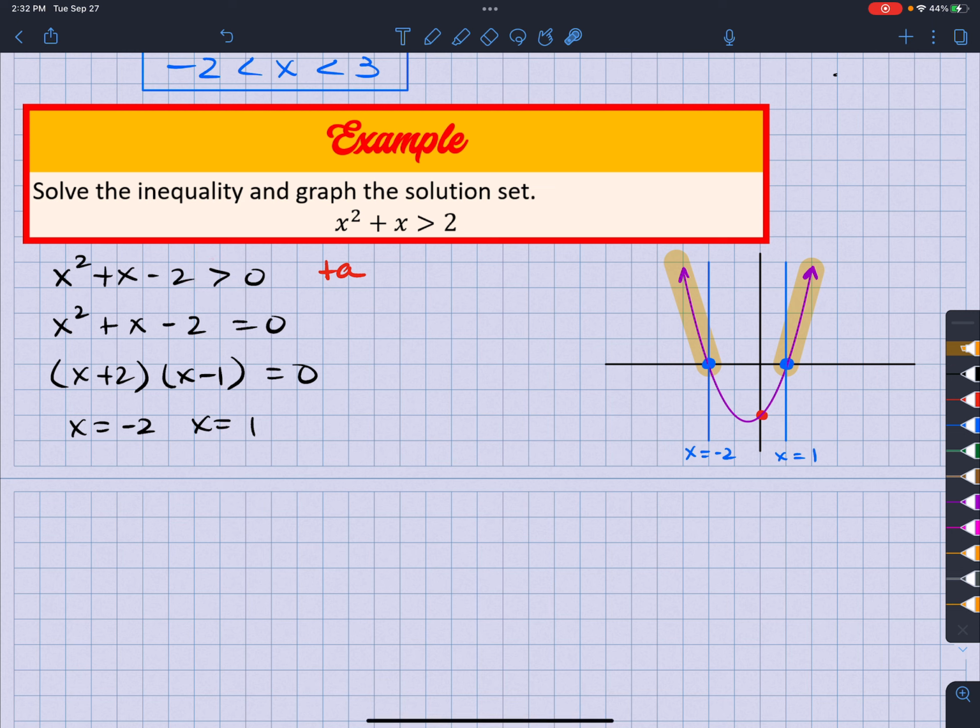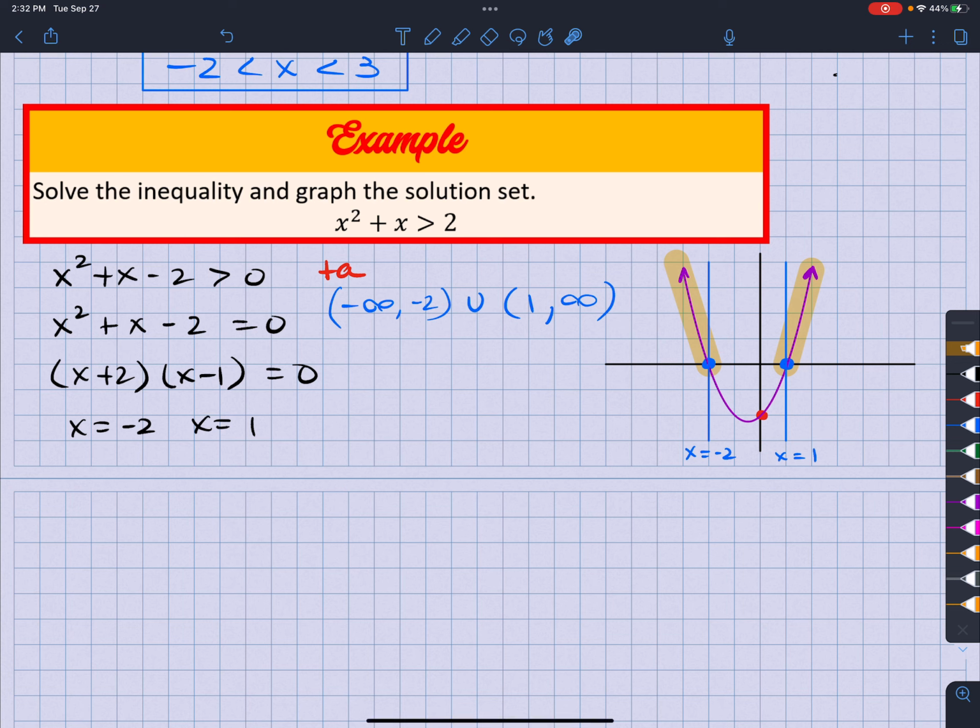So I'm going from -infinity to -2, and then I'm going from 1 to infinity. And again, these are not square brackets because this is not including the 0. And I have two arms here.